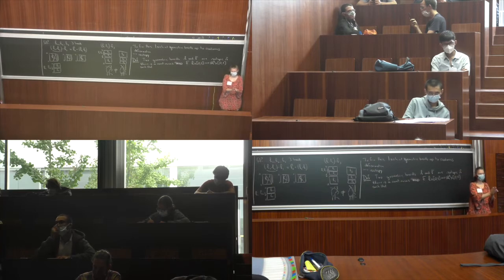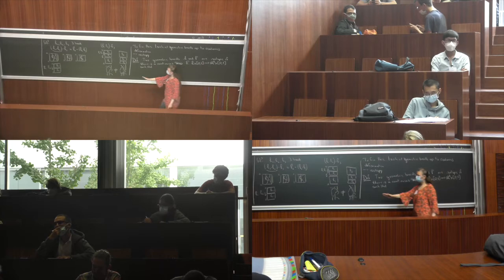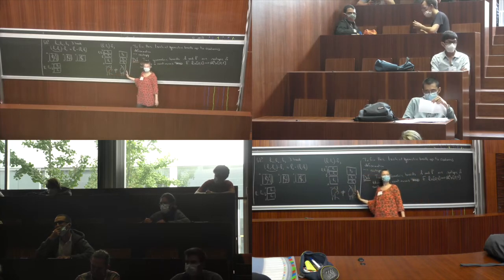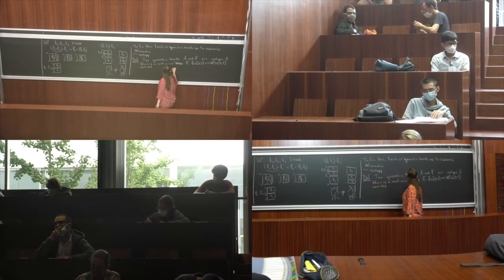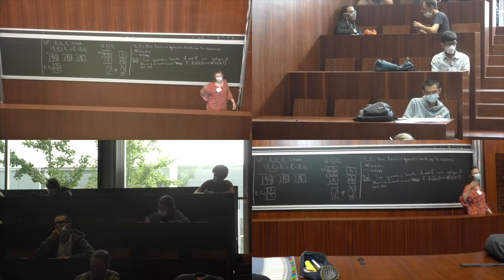So I will want a family of braids going from one, which is B, to the other, B prime. And so this big map will encode all these deformations.